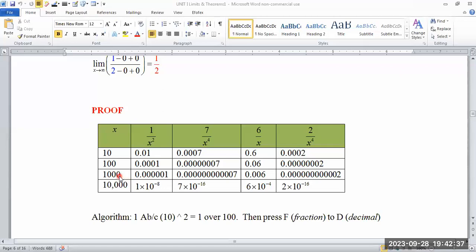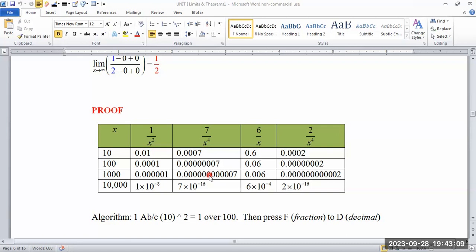And even better yet, when x becomes infinitely large and moves to 1,000, it moves to 0.00001 with enough zeros here. Do you agree that these are moving to zeros? Yes, sir.